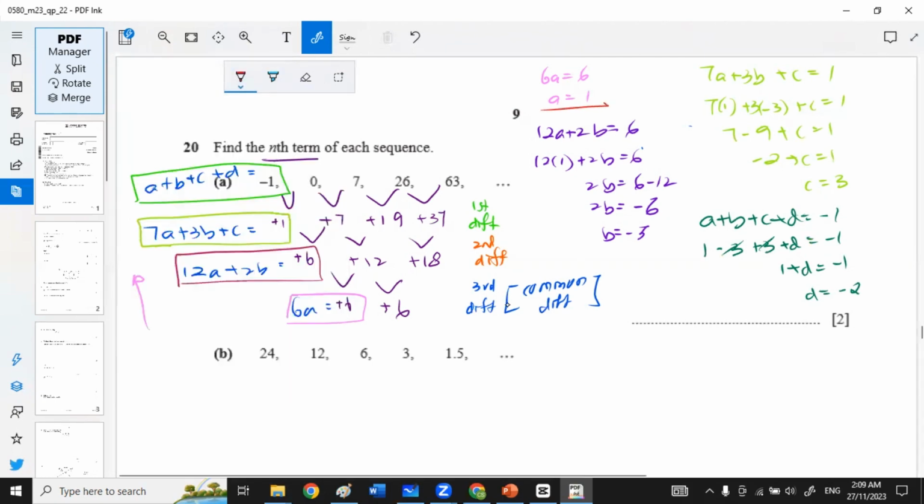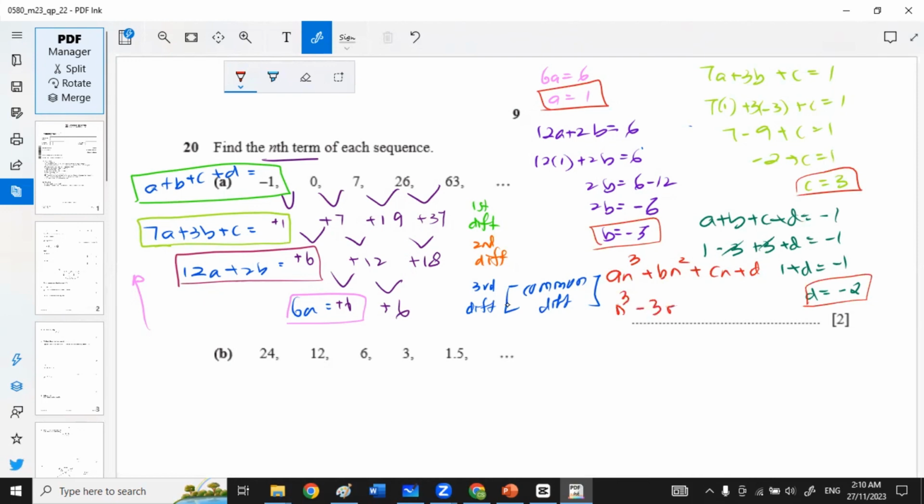We'll use this a, b, c, and d and substitute into this equation: an cubed plus bn squared plus cn plus d. So a is 1, so you get n cubed, plus b is negative 3, so minus 3n squared, plus 3n, plus d is negative 2, so minus 2. So your equation will be this one.